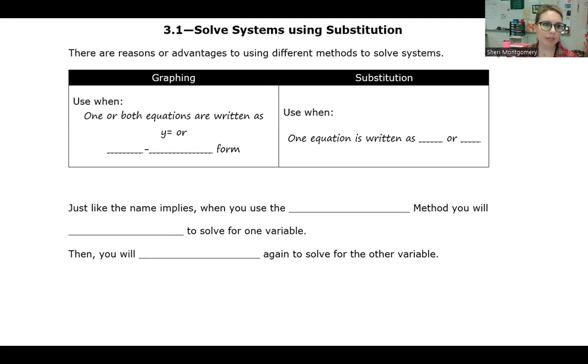Y equals form is slope-intercept form. So if you're already in slope-intercept form, or it's really easy to make one of the equations in slope-intercept form, and we did that a little bit last class, then graph. You can always graph to find your solution.